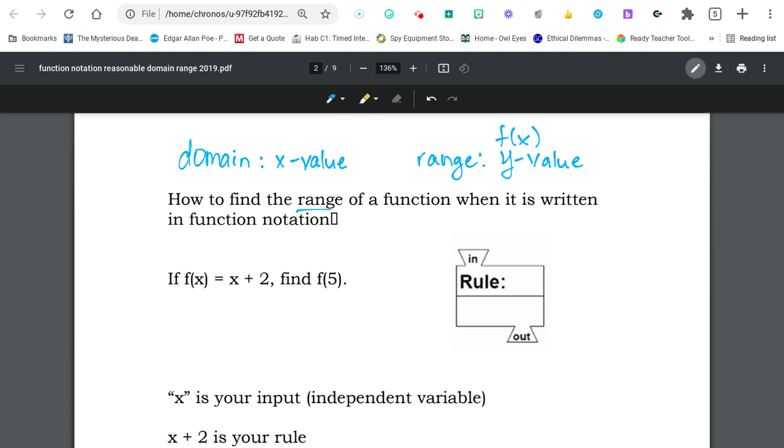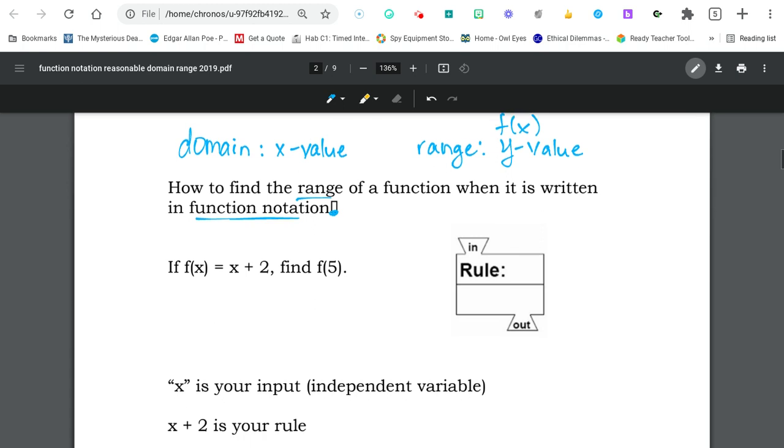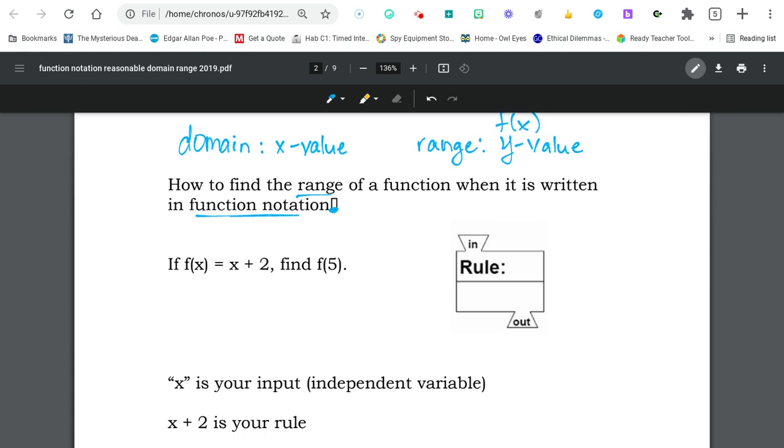It says, how do you find the range of a function when it's written in function notation? So if you have f of x equals x plus 2, find f of 5. I want you to know that the number in parentheses, which is a 5 in this particular case, represents your x.